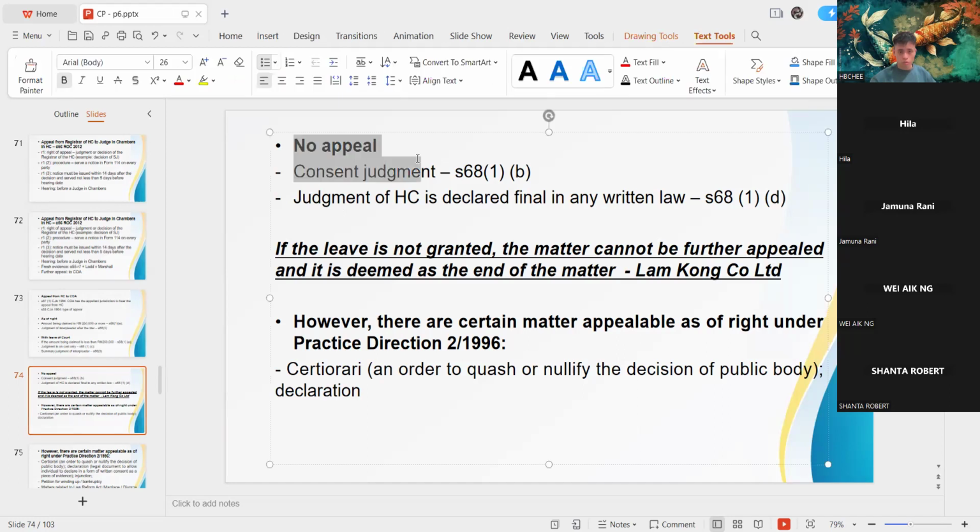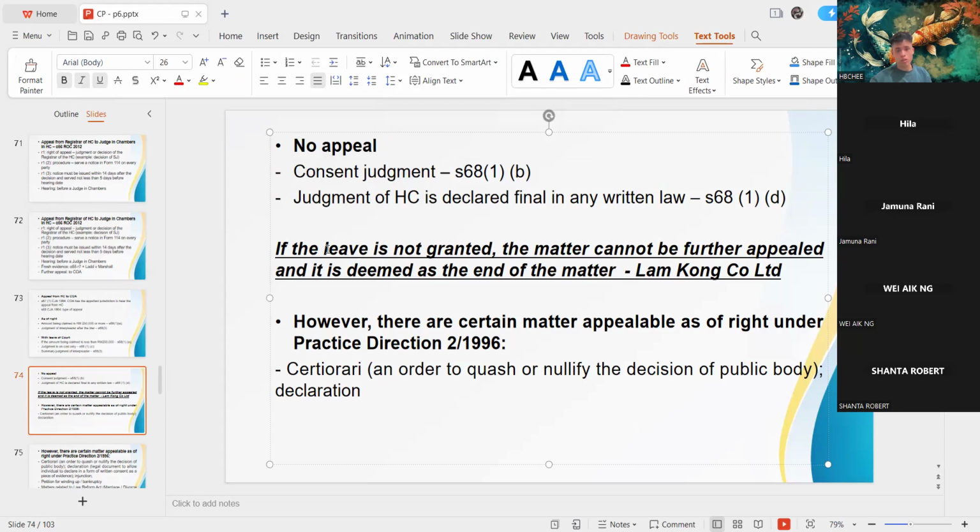You mean on this part, or this one? Okay. So I will start with no appeal first now. If your matter is based on a consent judgment or the judgment of the High Court is declared as final in any written law, I'm so sorry, you cannot go for the appeal.